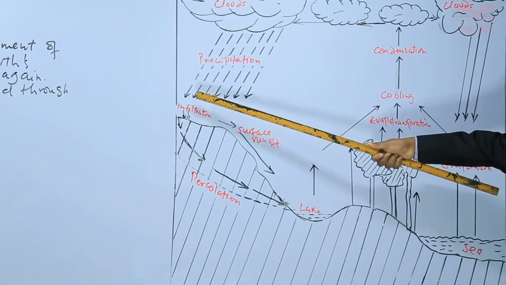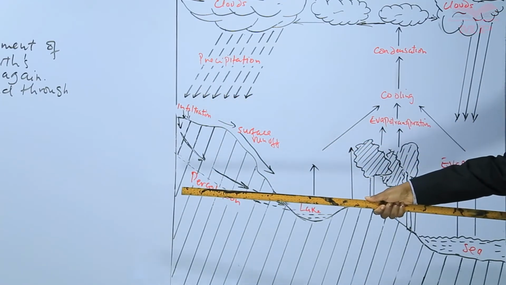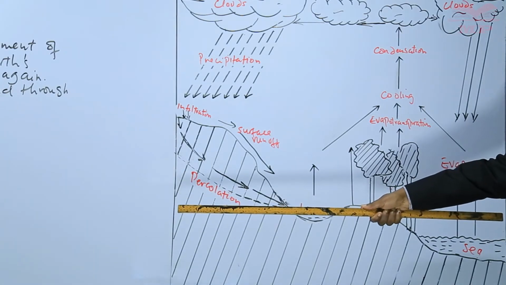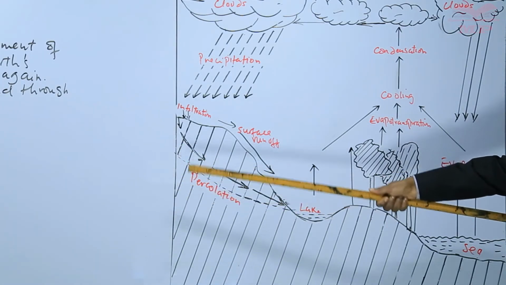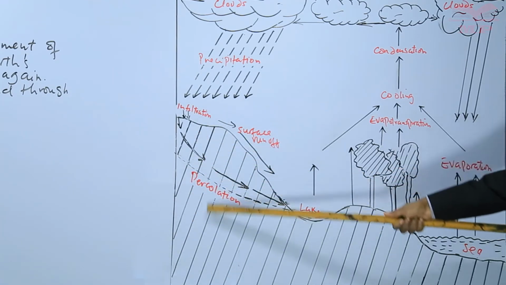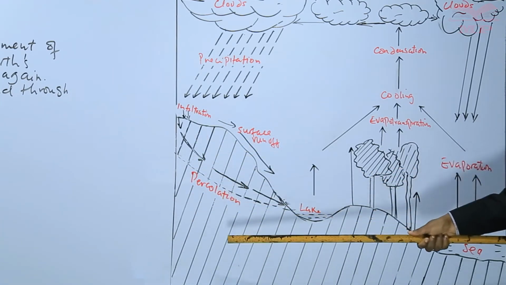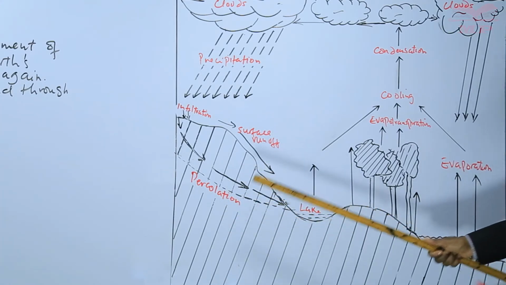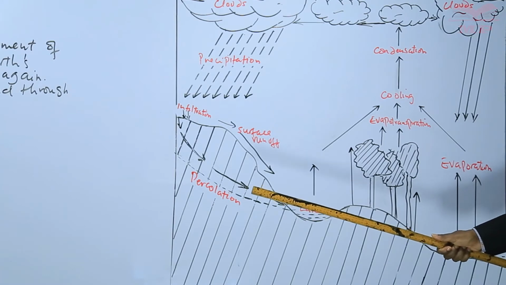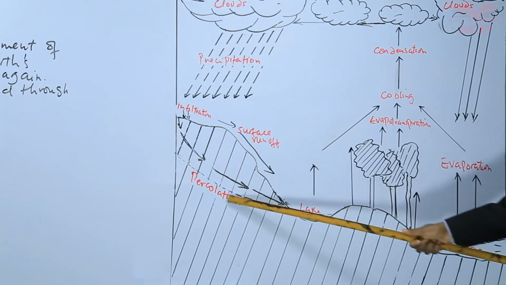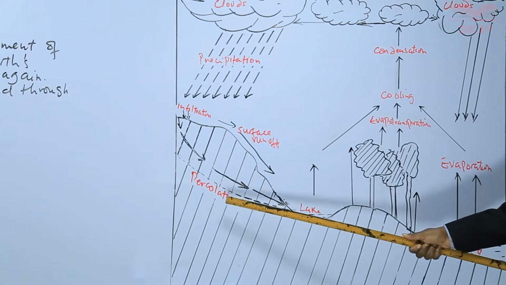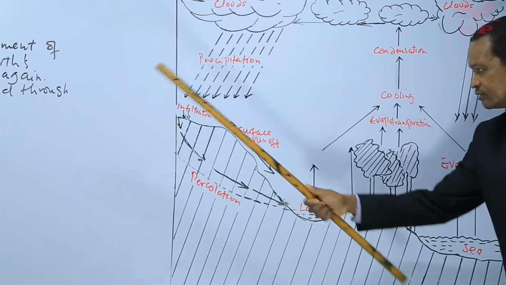The water is forced down due to gravity, and it does this by passing through cracks, joints, and pores that exist between rocks and also between the rock particles. And some of this water, learners, may reappear at some point.